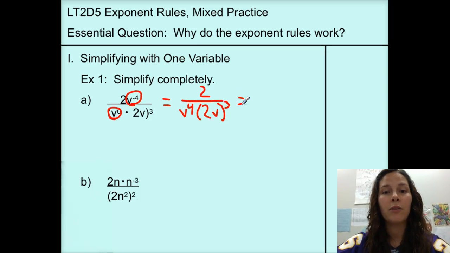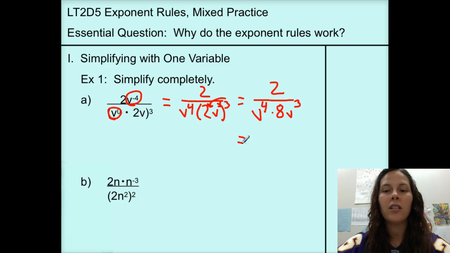Next, I want to simplify that grouping symbol and distribute the cube through to both pieces. So I have v to the 4th times 2 cubed, which is 2 times 2, 4 times 2 is 8, and then distribute that cube to the v as well.